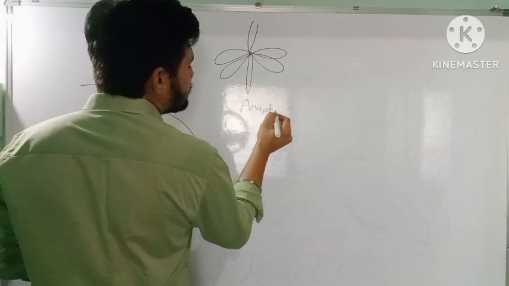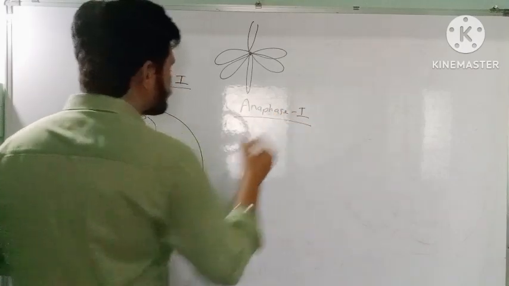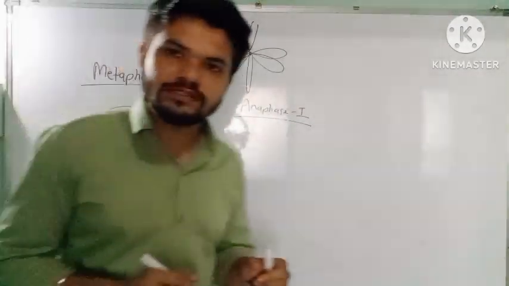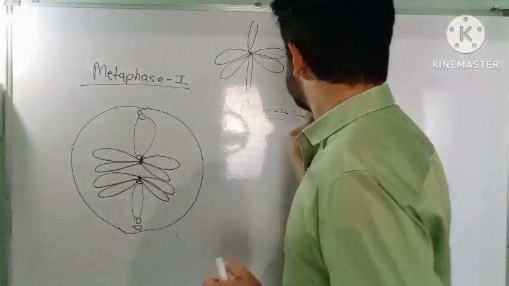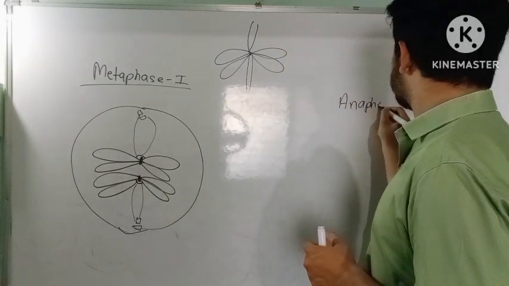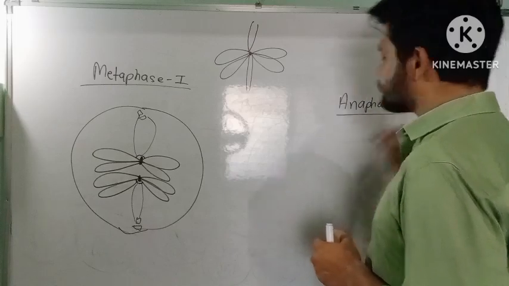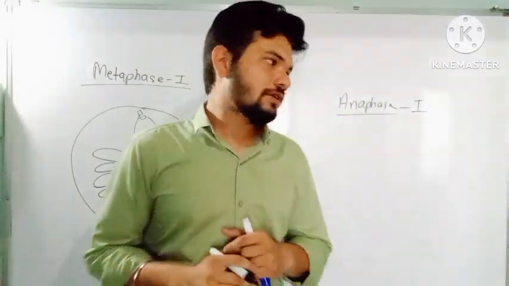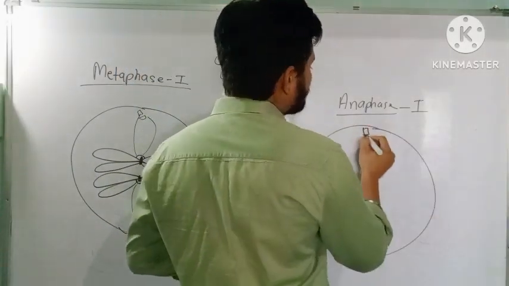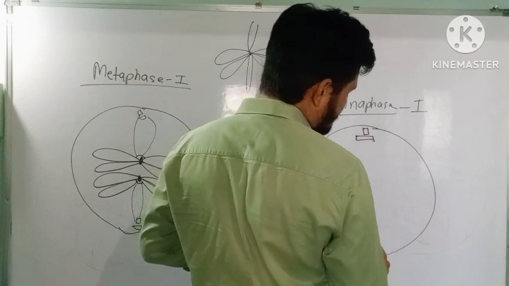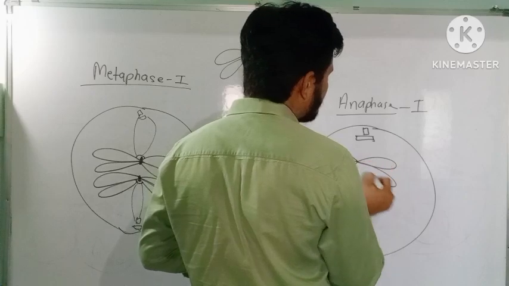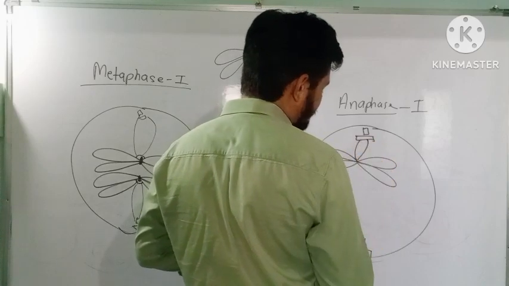Anaphase 1 of meiosis 1. I hope it is visible. I think it is not. Let me just write here. Anaphase 1. So suppose this is a cell, and because the spindle fibers are pulling these homologous chromosomes opposite to each other, they will be separated.